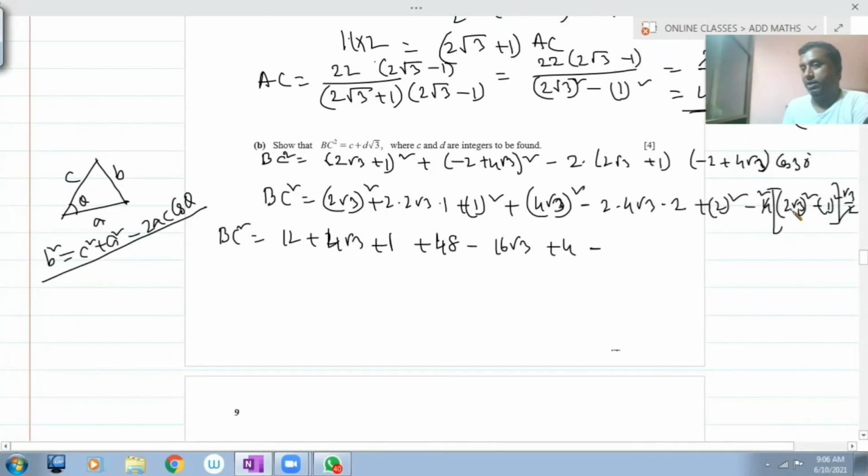So let us simplify. 2 to the 4, 3 was a 12, 12, 11, 11 to the 22, 22 root 3.